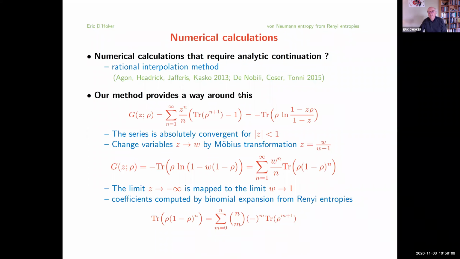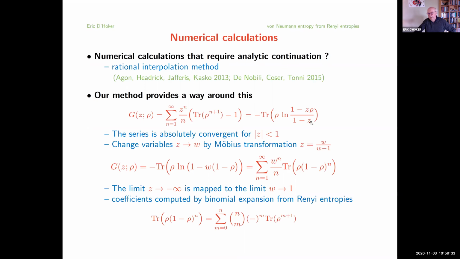So our method provides a way around this analytic continuation the following way. Here we had an expression which was only convergent in the unit disk for Z, and which gave this expression. But now let's change variables by making a Möbius transformation. So let's set Z equal to W over W minus 1.